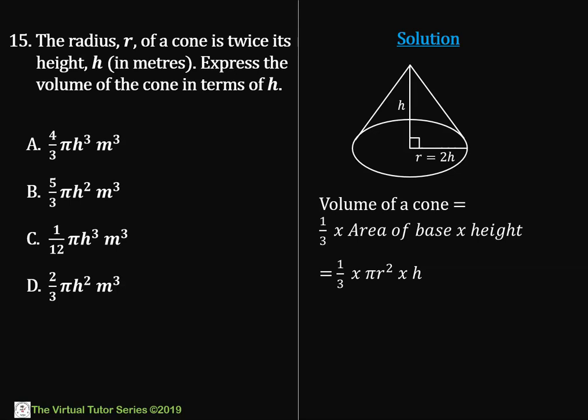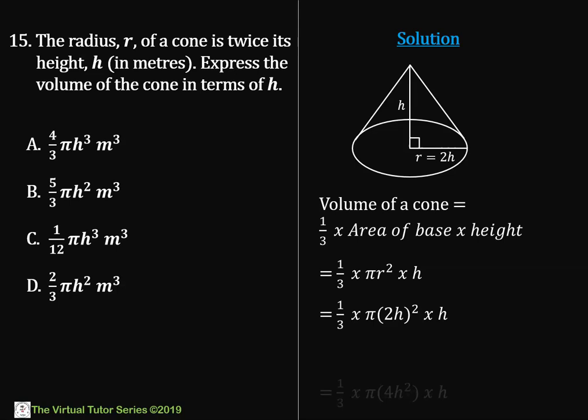The radius, we are told, is twice the height. Hence, we replace r by 2h. This gives us 1/3 times pi times into bracket 2h all squared times h. 2 squared is 4.